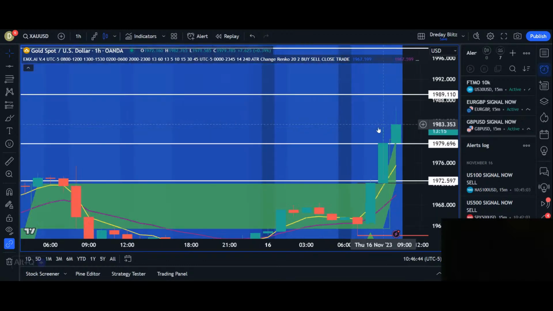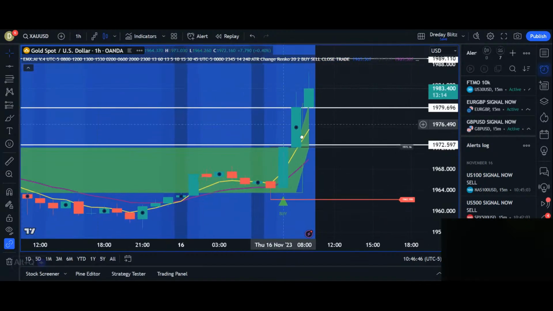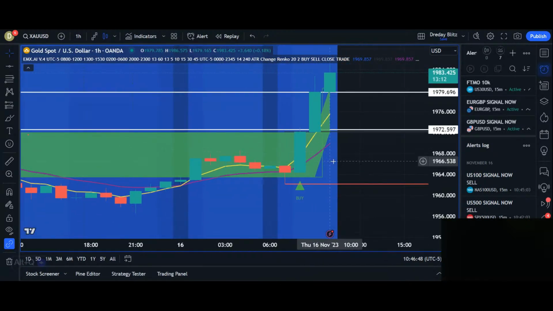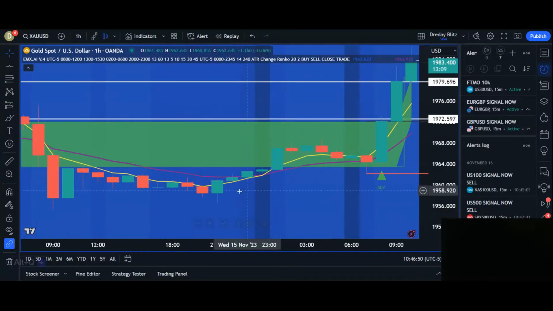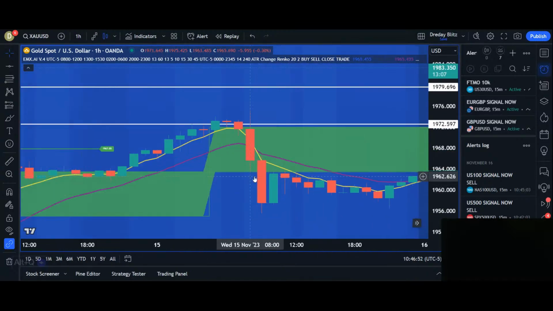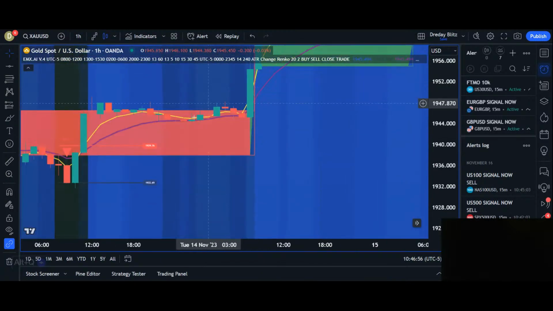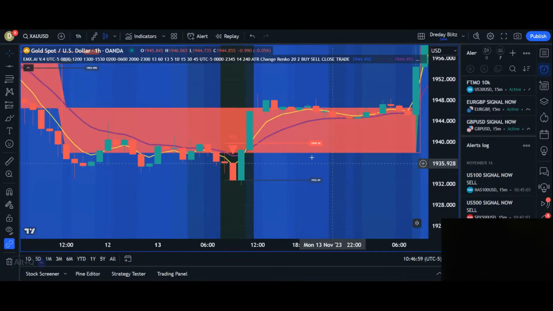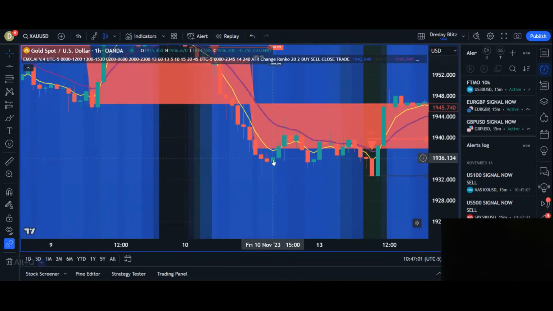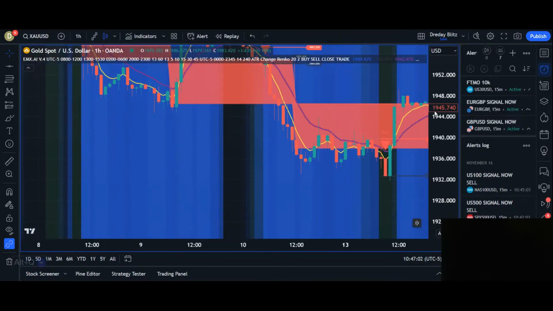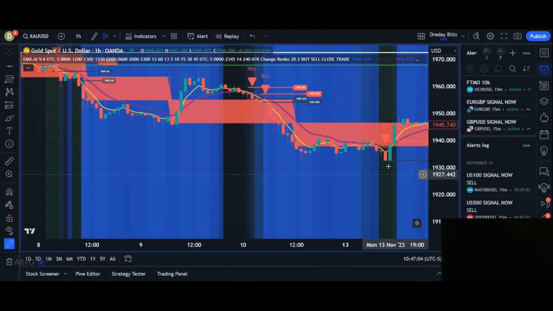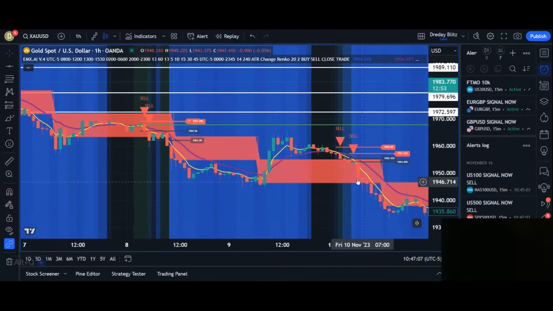So like I was saying here on gold, better off to trade it off of the 1 hour chart. That way, you're gonna have bigger moves here, and you're gonna have fewer signals coming in, because if you're trading it off of the lower time frame, you're gonna have a lot of signals coming in.